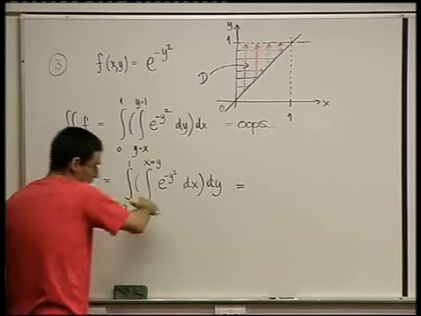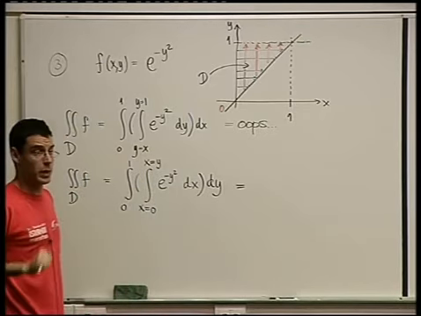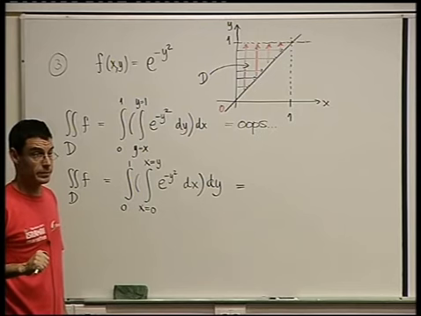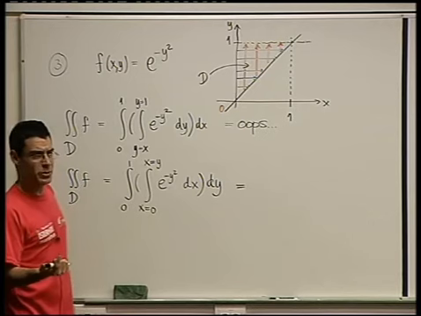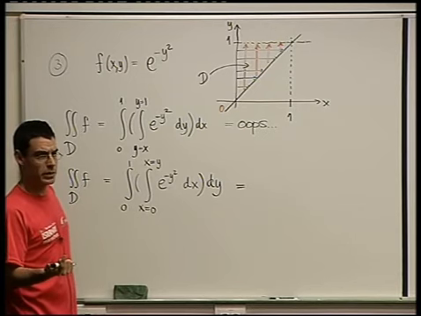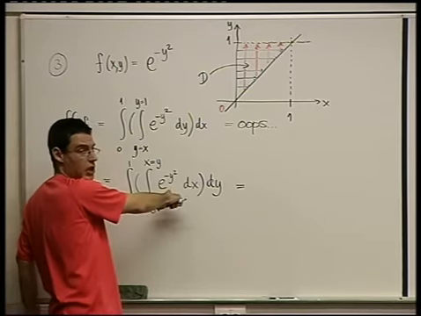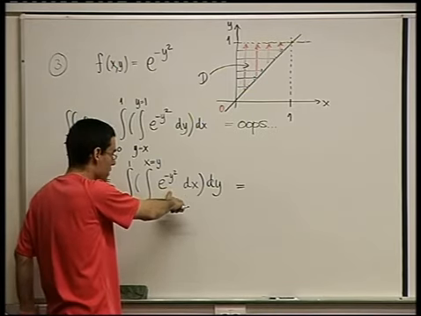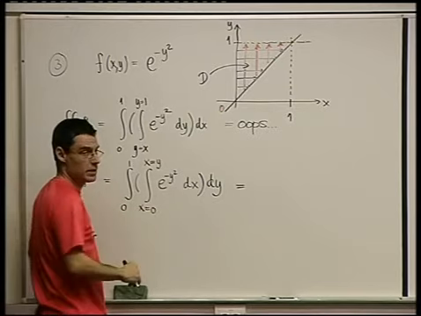Why? Let's do the inner integral first. What's the antiderivative of e to the minus y squared? Minus y squared x. Right. We just said there's no antiderivative to e to the minus y squared with respect to y. But with respect to x, this is just a constant. Its antiderivative is x times the constant. This is a 7, a 15.